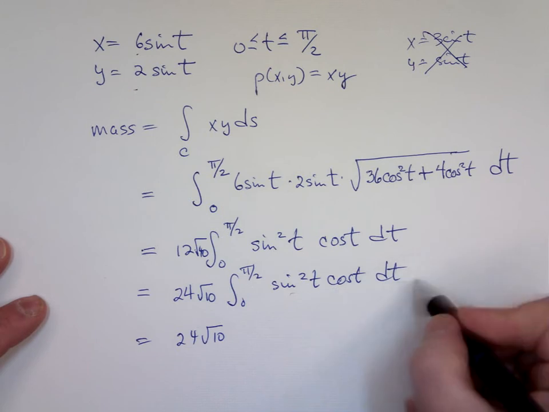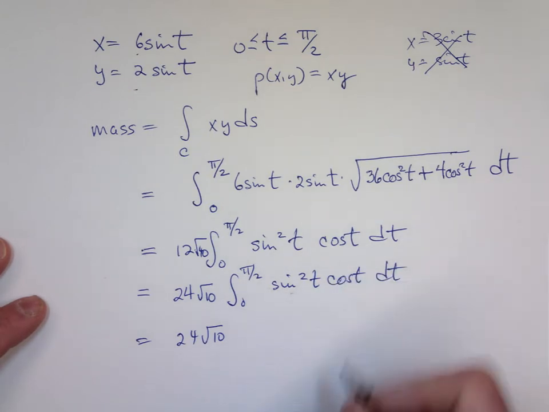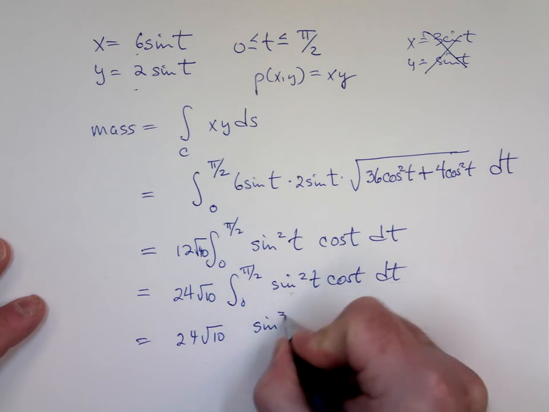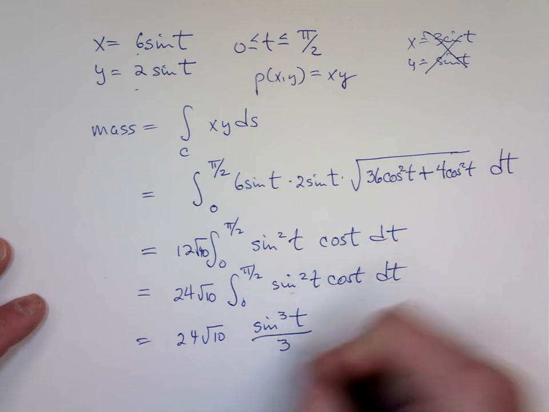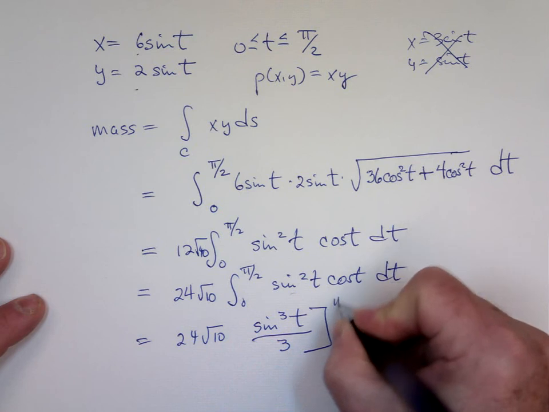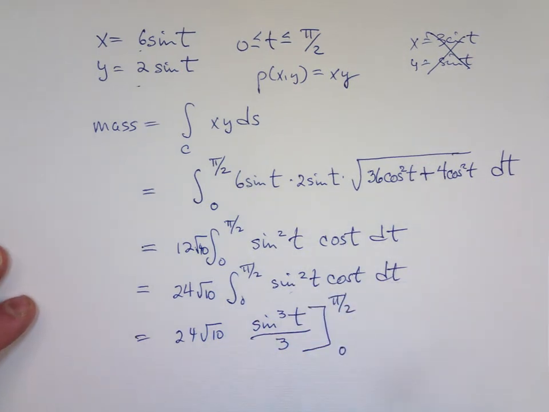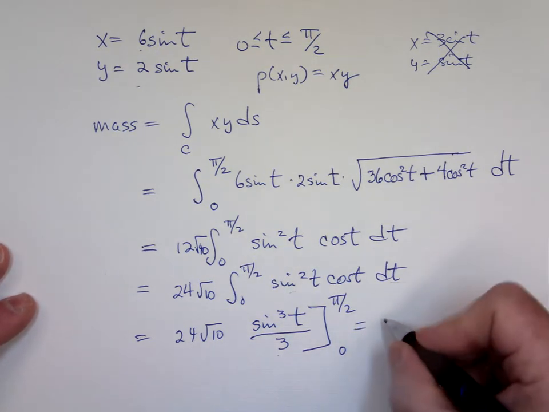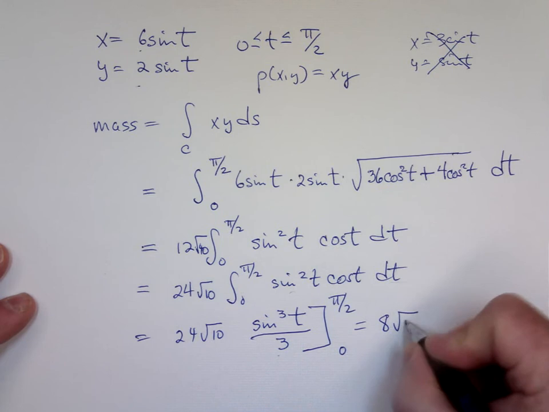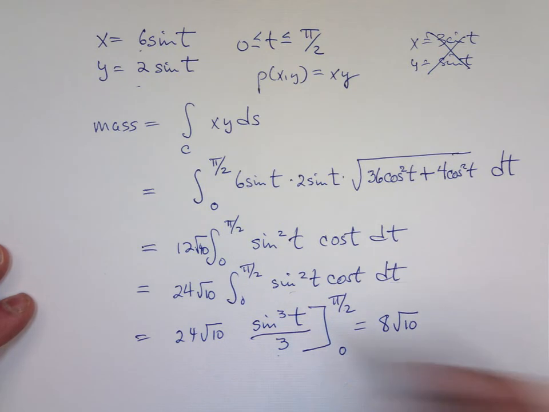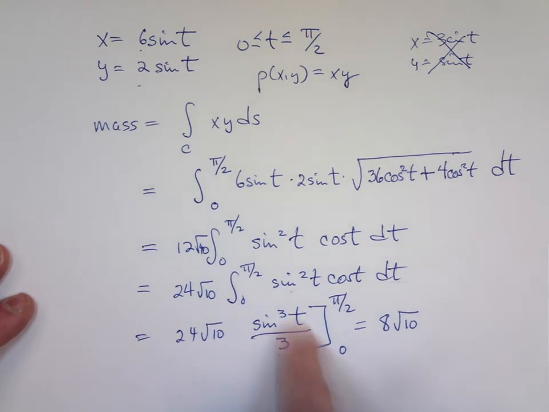So it's u squared du, so it's u cubed over 3. U is sine, du is cosine. Very nice. This 3 goes into 24 8 times. Substitute in pi over 2 for t, and you get the sine of pi over 2, which is equal to 1. Substitute in the 0, you get 0.